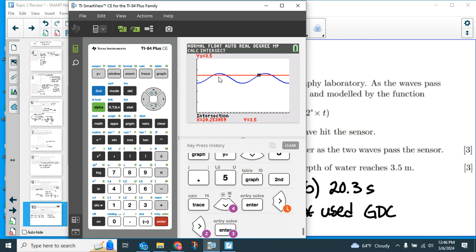Then just do a rough sketch like that. Put your line at 3.5 and then circle that spot and say, this is the intersection. Then write a little note: I used my calculator, this is a rough sketch of my calculator screen. That way they would give you some partial credit for that, if needed.